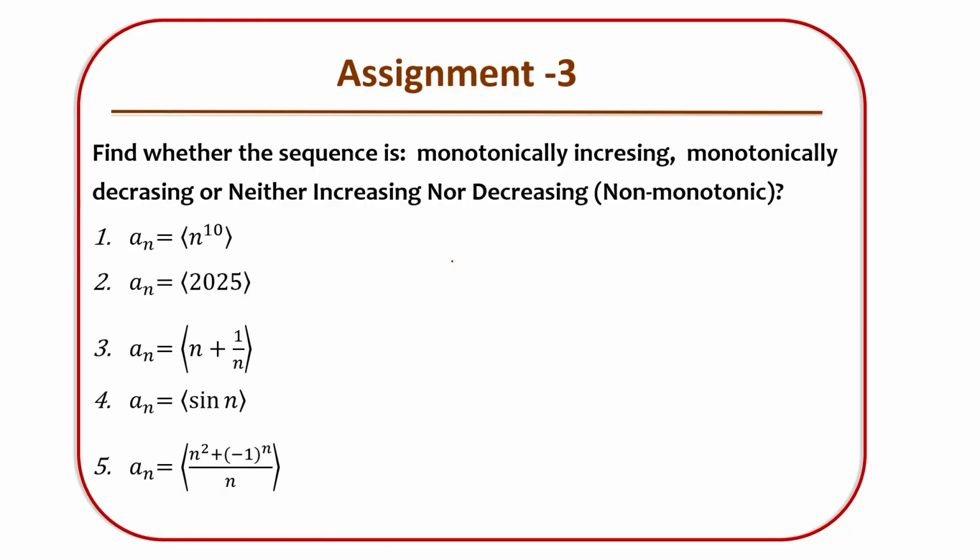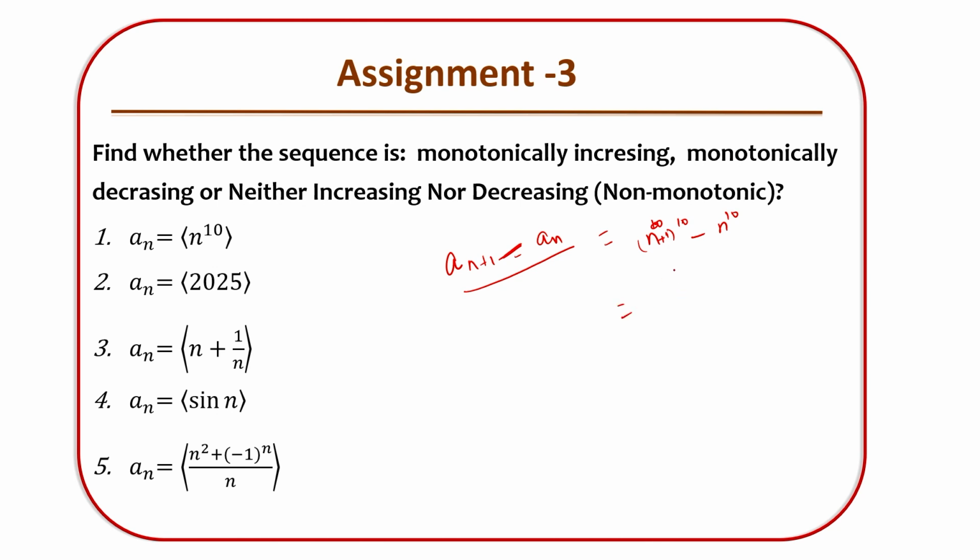So I will do the same thing. I will take a_(n+1) minus a_n, all the time, not the modulus. So now we have a_n equal to n to the power 10, and a_(n+1) becomes (n+1) to the power 10, minus n to the power 10.